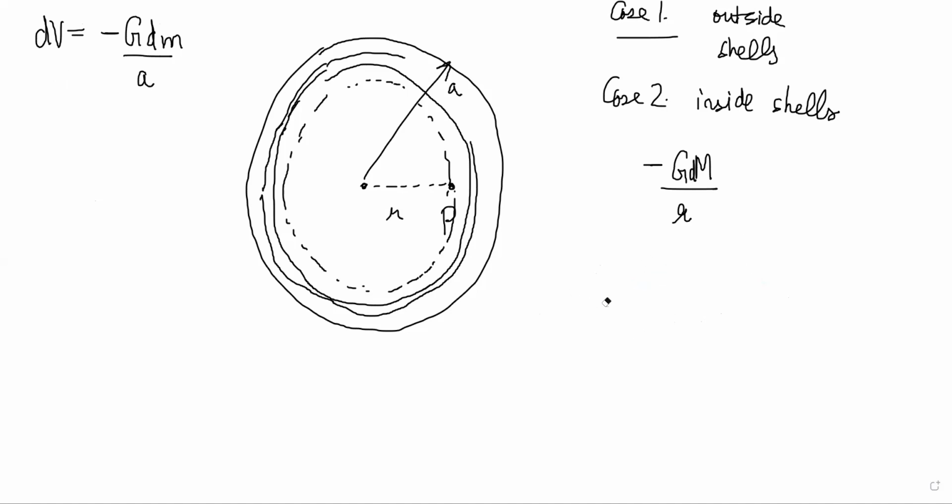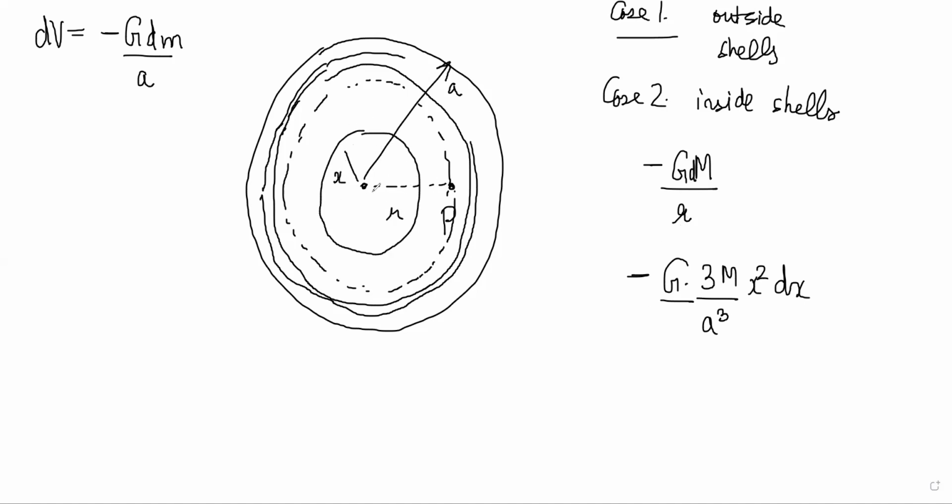So we'll have to do it properly. For inside shells, let's write the formula. dm was coming out as 3M by a cube x square dx, and by R. R is the distance. If there's an inside shell like this, which has radius x, R is this distance, right? So for this, the formula is the same.